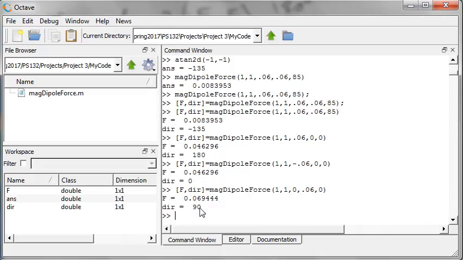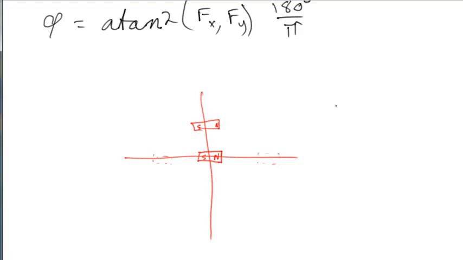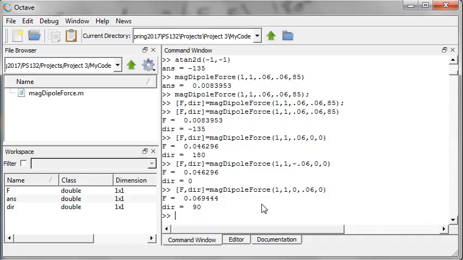And I get the direction is 90 degrees, which would be repulsive. It's exactly what I want. The 90 degree, see, to the right is 0 degrees, this is 90 degrees, so this is the direction of the force. And then let's compare the magnitude at 0.06. So I'm surprised that it's actually stronger.